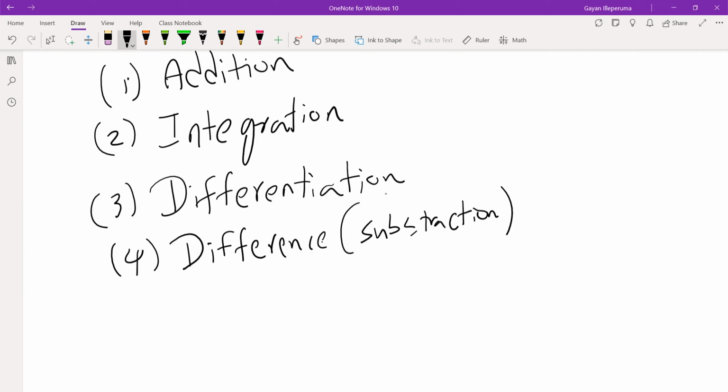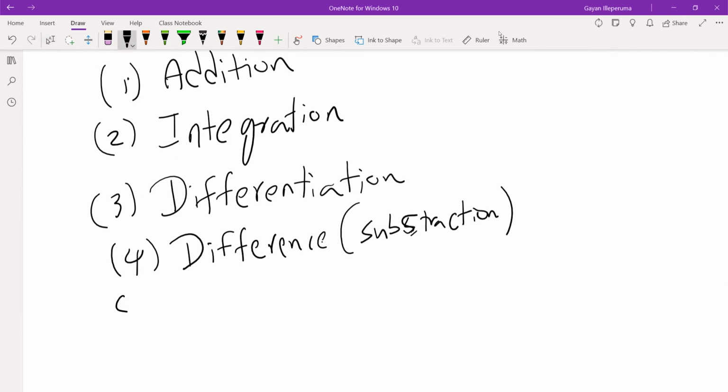In a differential amplifier, you are basically taking the difference between two voltages. Anything else that you know? Okay, there are other things as well.